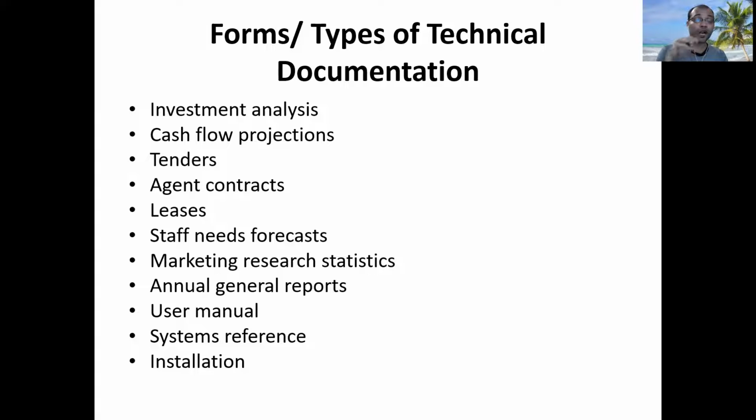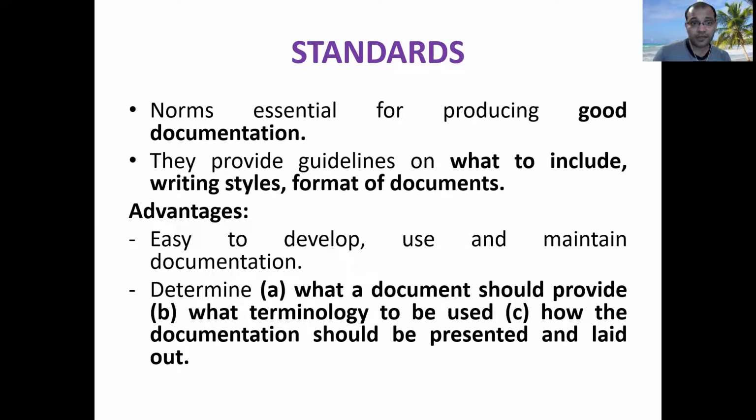Systems reference: whenever you have a particular work to be undertaken, the reference details of the entire system are given, based on which they can have a glance and do it accordingly. And finally, we have installation, where you are trying to install some important technology, then obviously that has to be referred to.